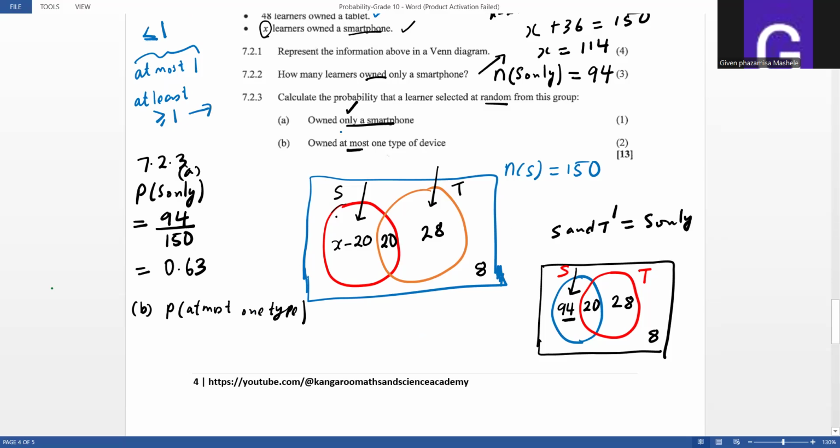So here we say own at most one type. Because it says at most one, which is less than or equal to one, you will either own a smartphone only, because it's only one, or a tablet only, or none.